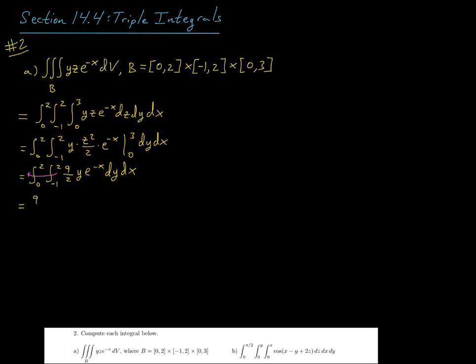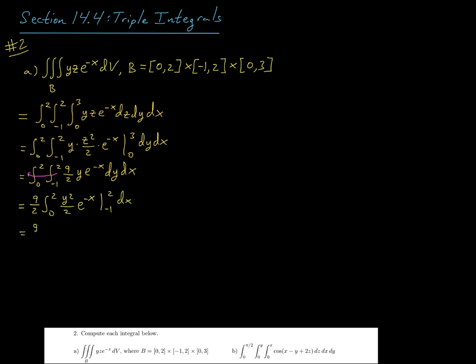Then we're integrating y e to the negative x with respect to y. That's going to give us y squared over 2 times e to the negative x, evaluating from -1 to 2 for y, and then we have our dx.